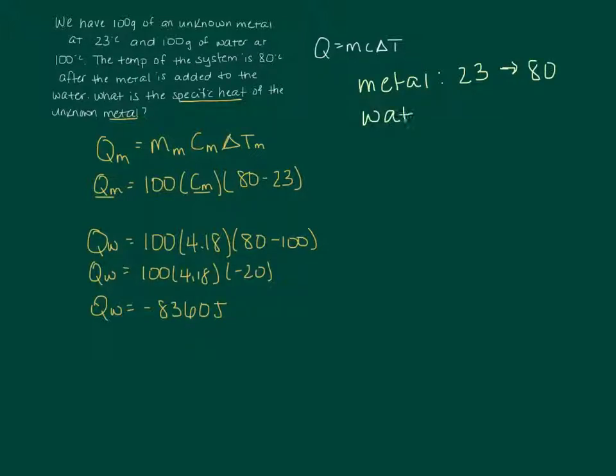Whereas my water actually started warmer, at 100 degrees Celsius, and it went down to 80 degrees Celsius. So my metal gained heat while my water lost heat, and the heat lost by my water equals the heat gained by my metal. I can write that like this: Qm equals negative Qw.